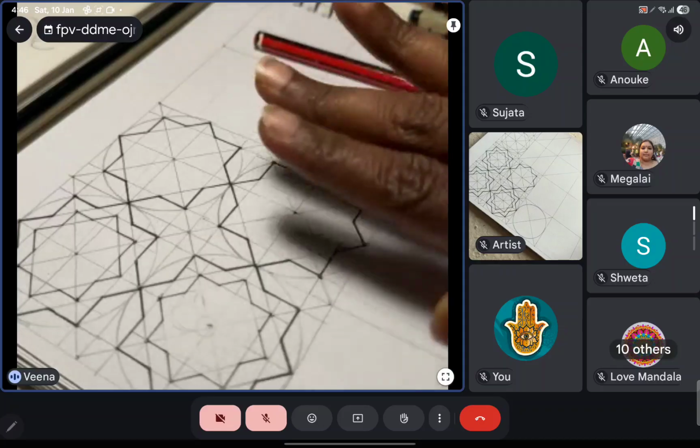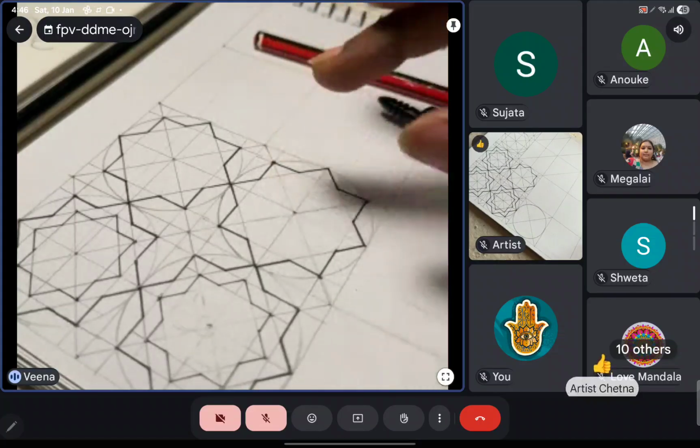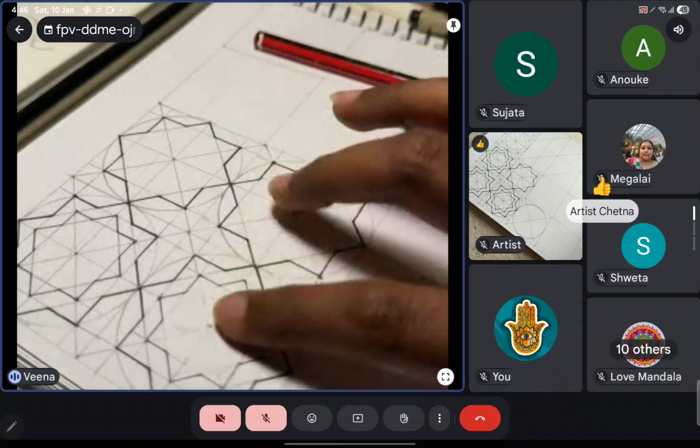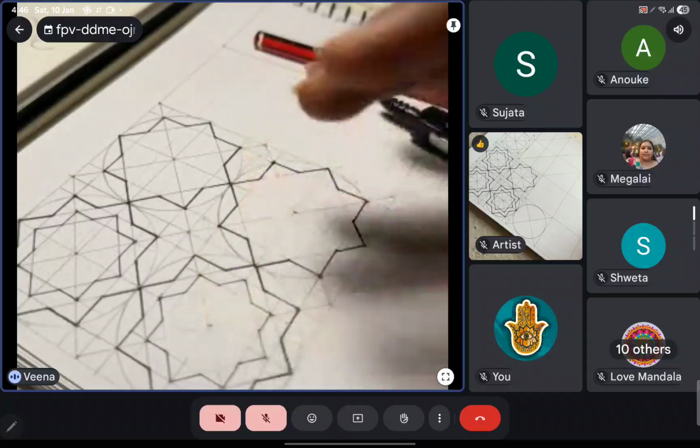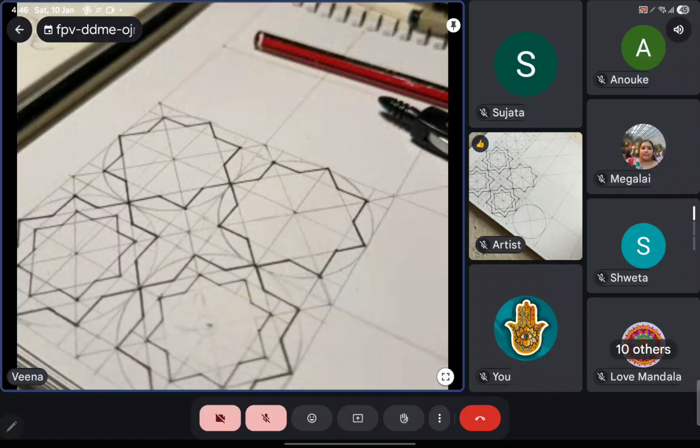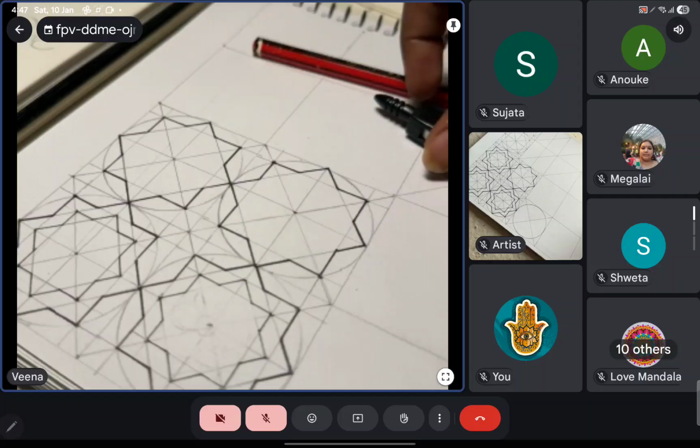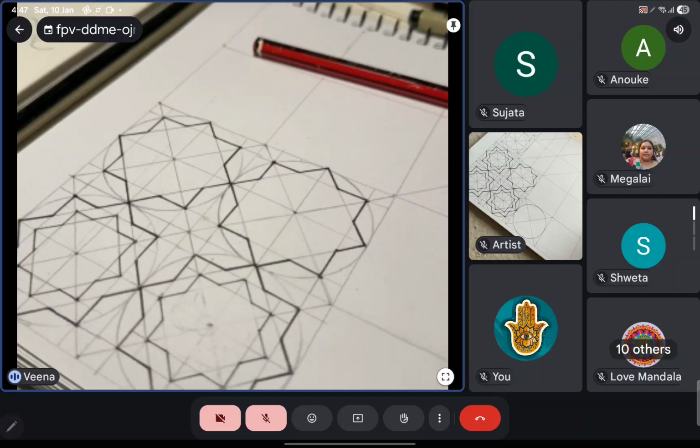Let me know if everyone's okay until here, and then we'll do two of these so that you can understand and do the rest. I'll wait for two to three minutes.